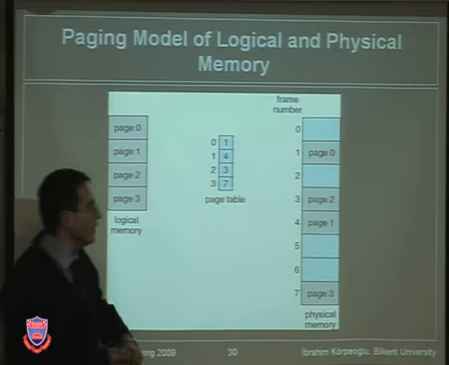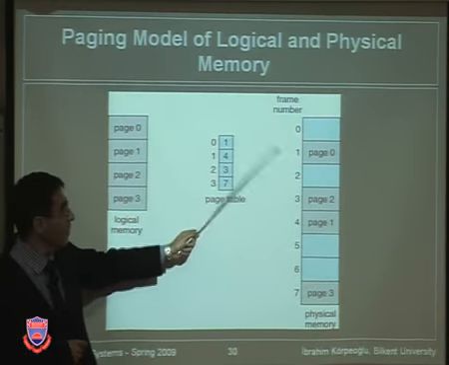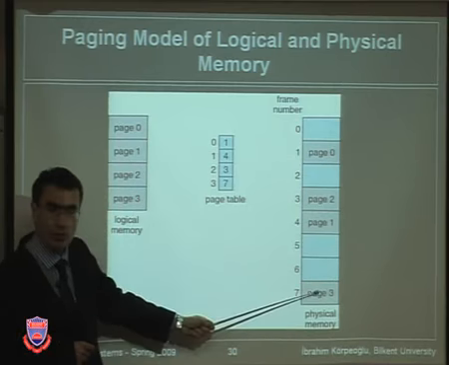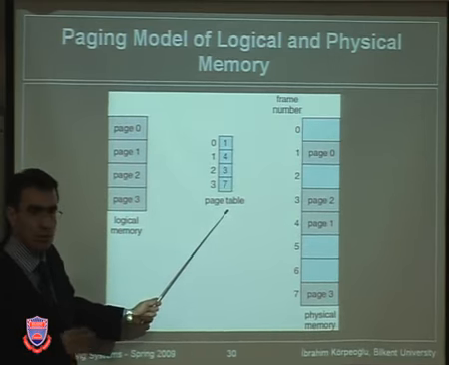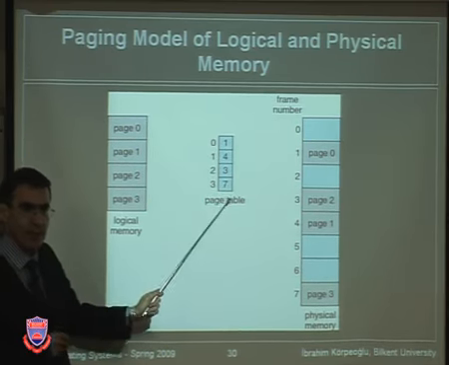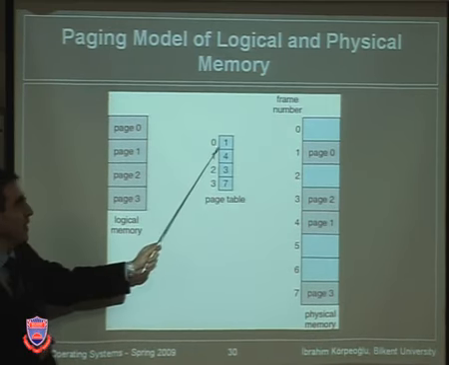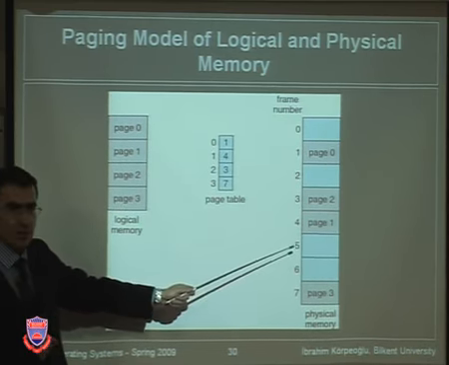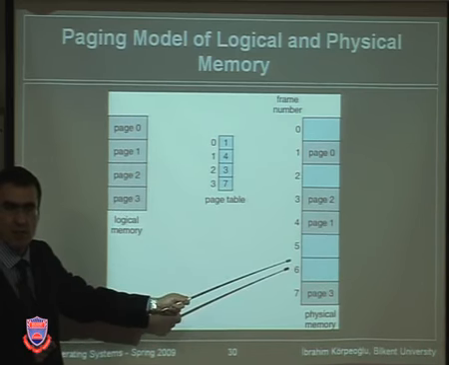Then assume those frames in the physical memory are free. Those pages are loaded into those frames, and the mapping is set up in a page table. The page table is just an array of entries, one entry per page, telling where that page is loaded in the physical memory, in which frame.